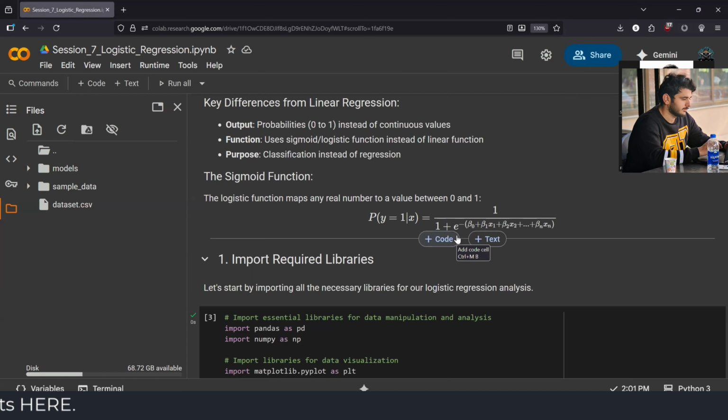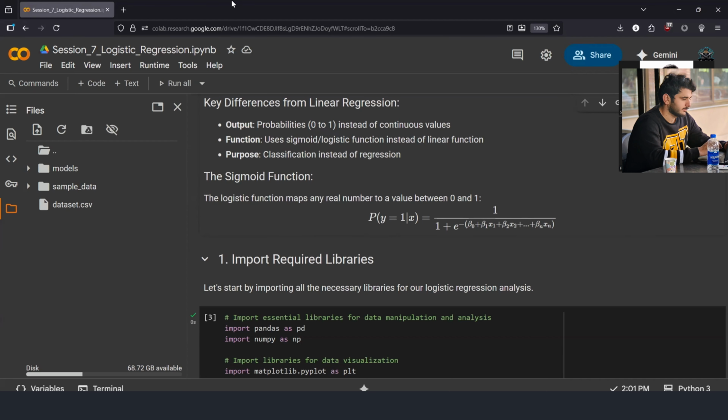Why do we have this equation? Because we are trying to predict either 0 or 1, basically two categories. Now we cannot predict that it's going to be exactly 1 or 0, so we predict a probability value: these are the chances of having a value 0, or these are the chances of having a value 1.